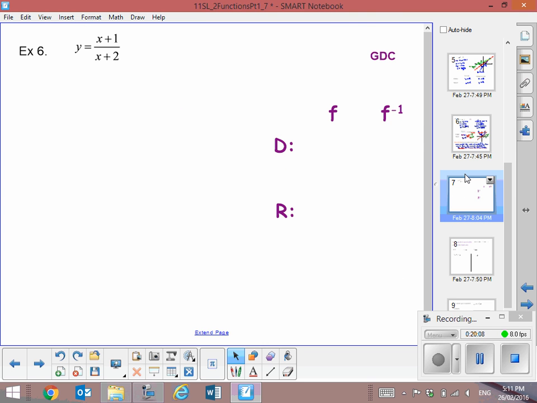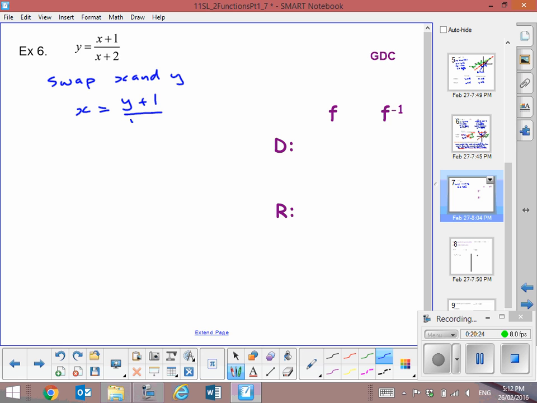All right, I just want to show you this example. It's a little trickier in coming up with your inverse. So I like to do the swap x and y initially. So we get x is equal to (y plus 1) over (y plus 2). We now need to make y the subject.